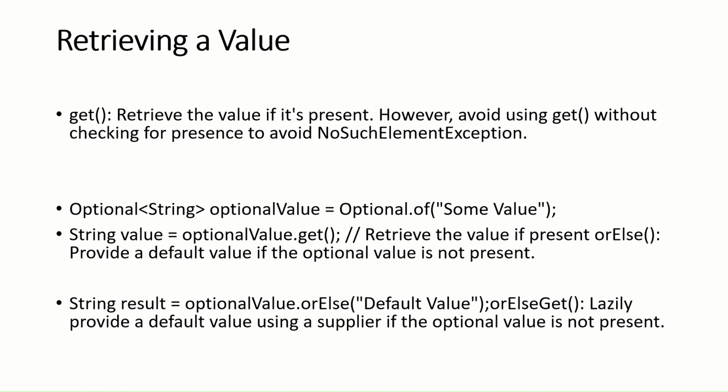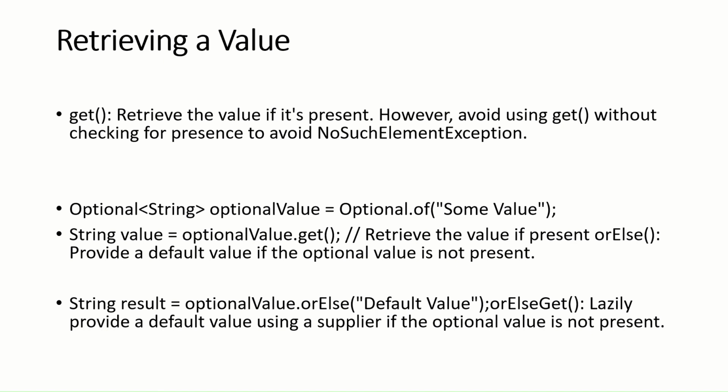Otherwise, if it is not containing any value, it is empty or null, then it will throw you NoSuchElementException. Okay. Now here you can see that we have created one Optional variable with some value, and if you apply this get method on this variable, you will find some values there, and if the value is not present there, you will get this NoSuchElementException.